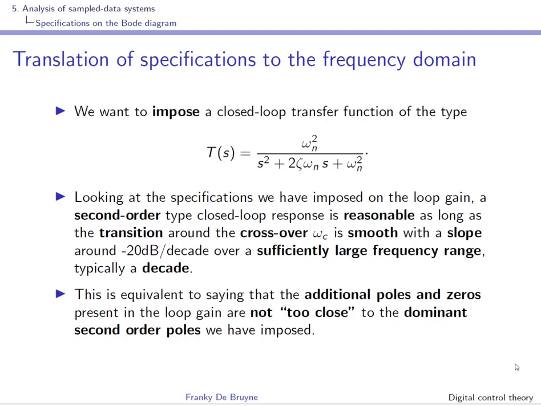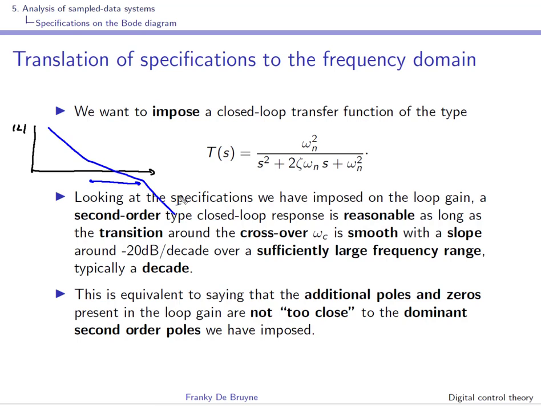Looking at the specifications that we had imposed on the loop gain, remember, in the low frequencies a high value of the loop gain modulus and a high slope, then in the transition zone something that is more or less a decade, and then a loop gain that has a high roll-off and a low value of the gain in the high frequency ranges.